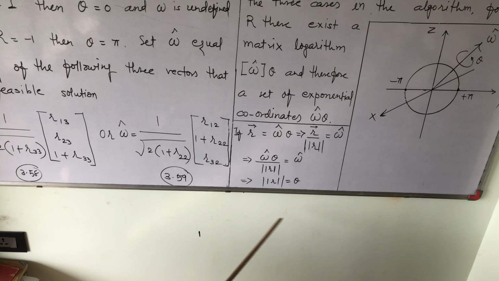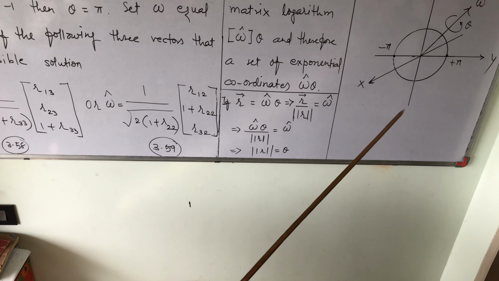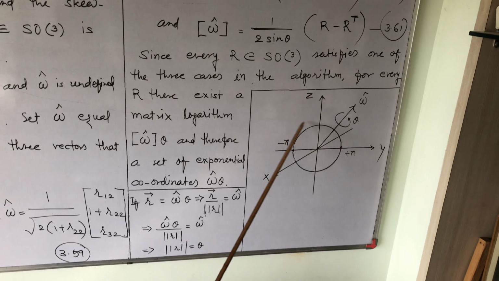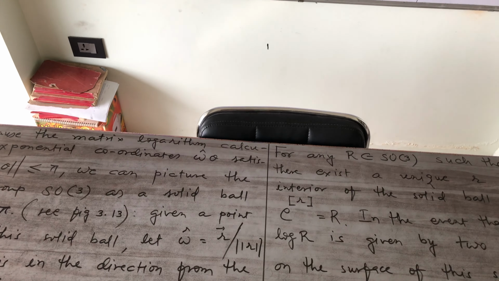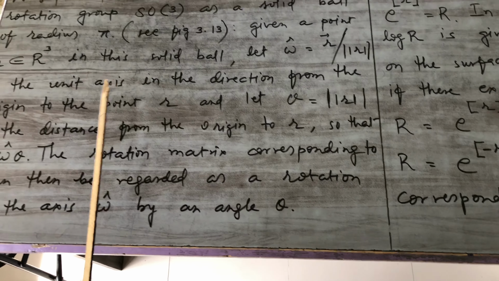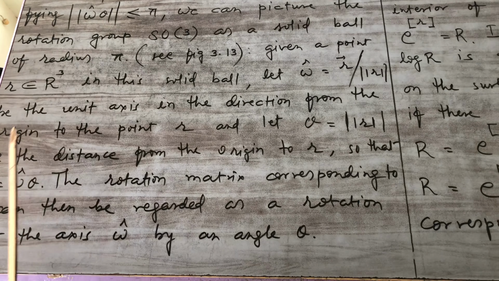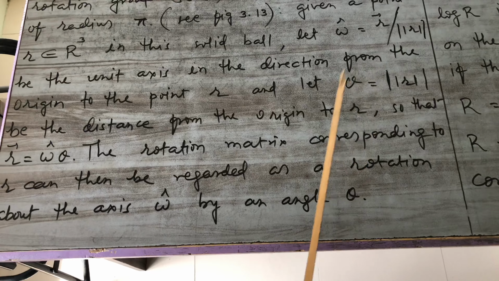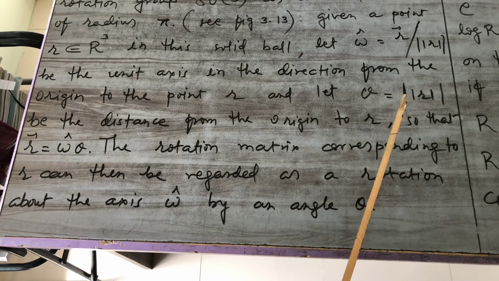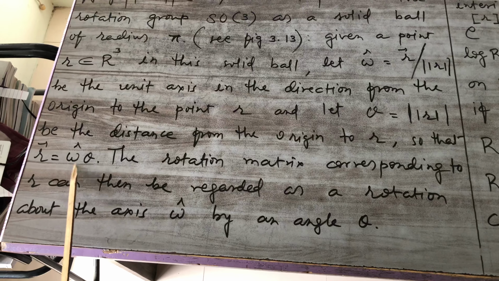So for any r, this is a vector inside a sphere of radius pi, and the magnitude is nothing but the angle theta. So point r, and let theta equal the magnitude of r be the distance from the origin to r. This distance is actually the angle theta, so that the vector r is omega cap theta.